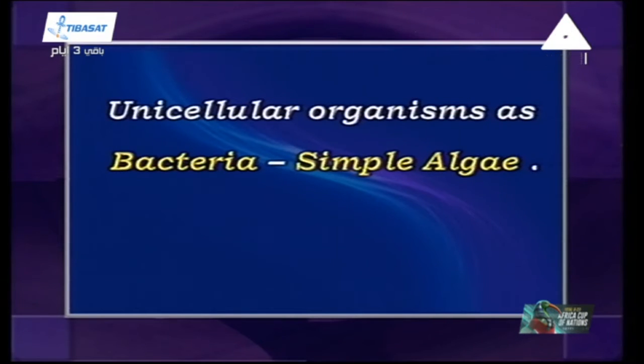If you forget what unicellular means: uni means one, and cellular means cell. So unicellular means a living organism which consists of only one cell, and this cell does all the vital and biological processes.